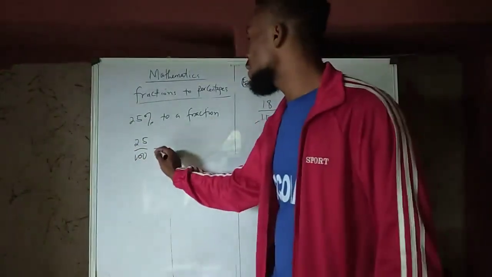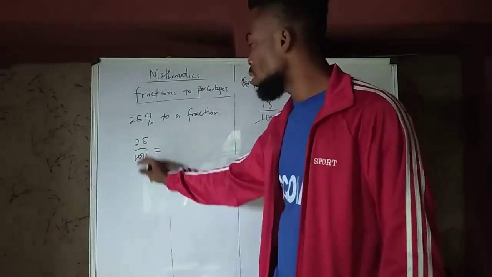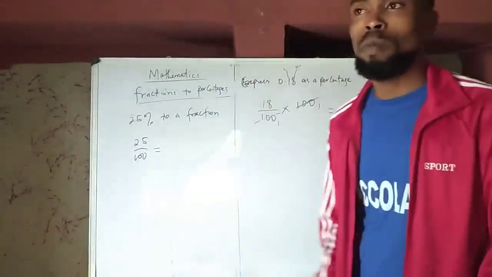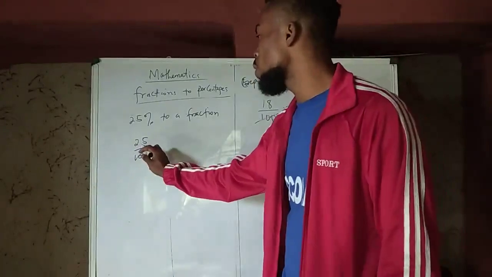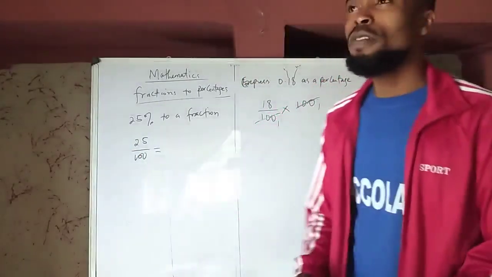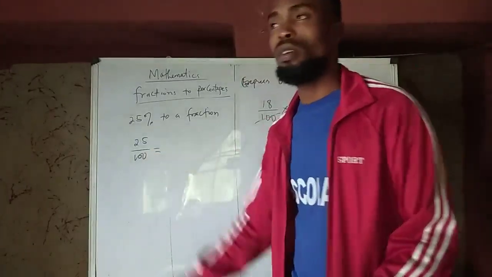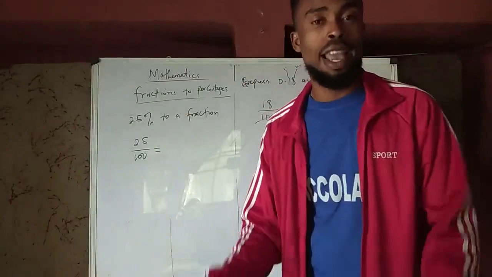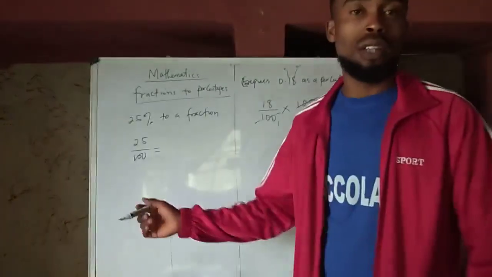So 25 in 100 is already a fraction, but we have to bring it down to the lowest term. We look for a common factor that will go into the top and into the bottom. This time around, not necessarily the highest common factor, any factor.